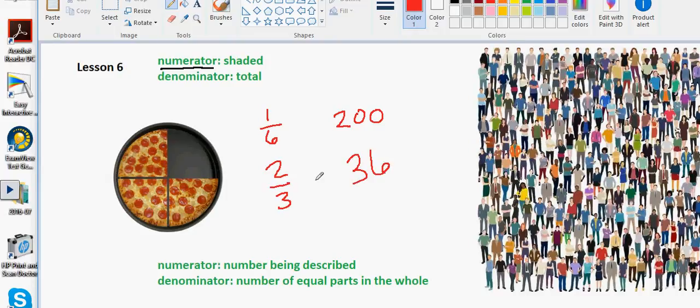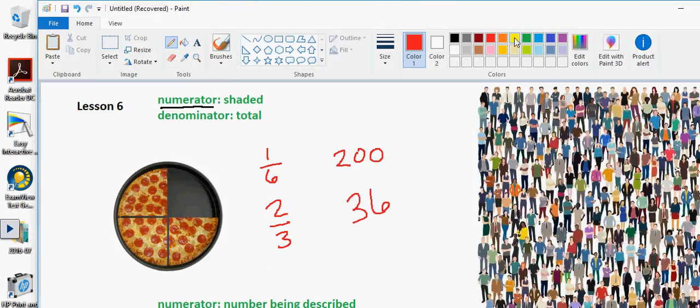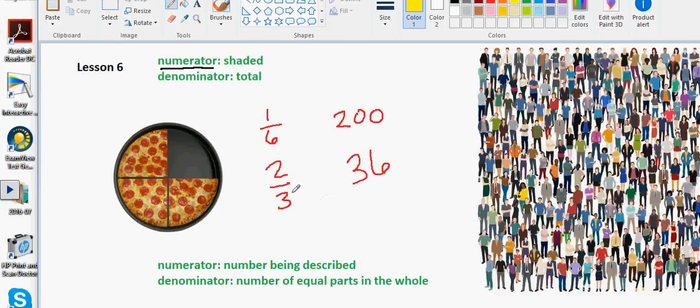Simpler numbers, even numbers. What do we do first? Divide your 36 by our denominator, the number of equal parts. That's going to come to 12.